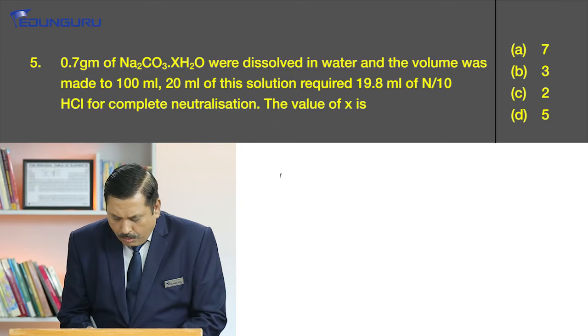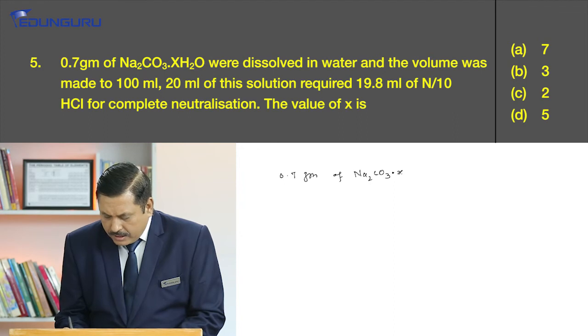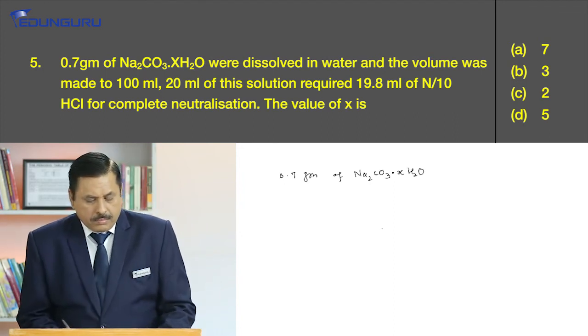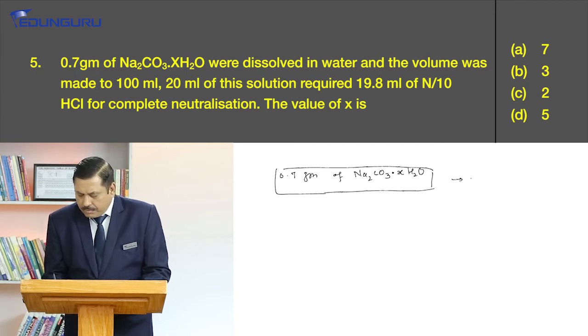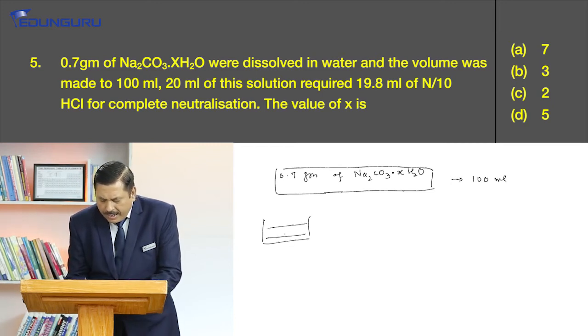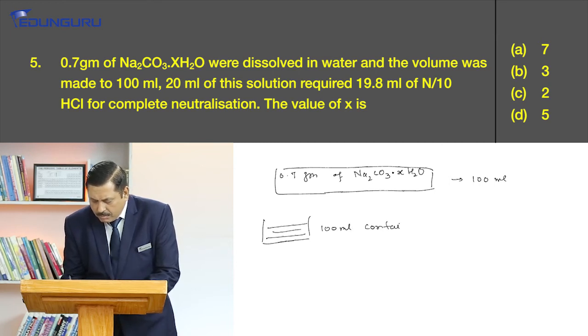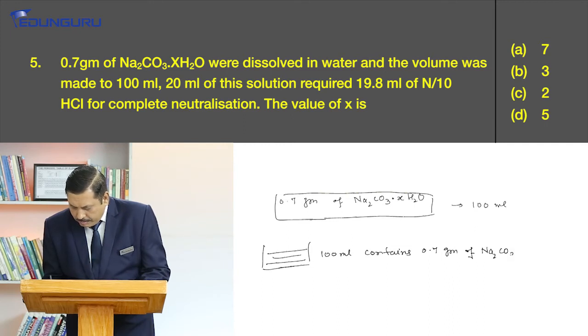We have 0.7 gram of Na2CO3·xH2O, and the total volume was made 100 ml. So we can say 100 ml of this solution contains 0.7 gram of Na2CO3·xH2O.